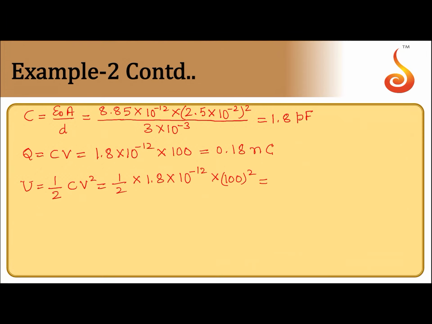So if you simplify this, what do you get? 9 into 10 to the power minus 9 joule. So that is 9 nanojoules. So this is energy stored in the capacitor. So capacitance is 1.8 picofarad, charge is 0.18 nanocoulomb, energy stored is 9 nanojoules.